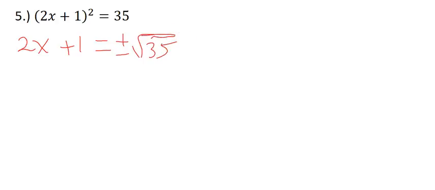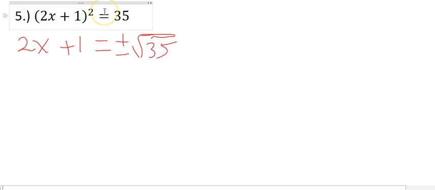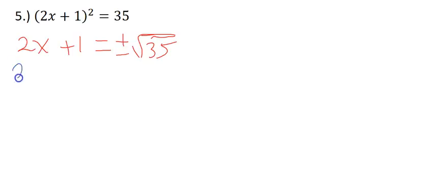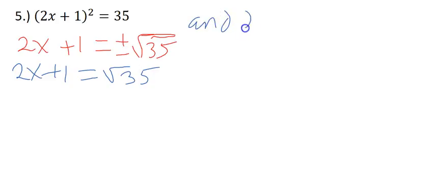Then we can go ahead and split them. 2x plus 1 is equal to positive square root of 35, and 2x plus 1 is equal to negative square root of 35.